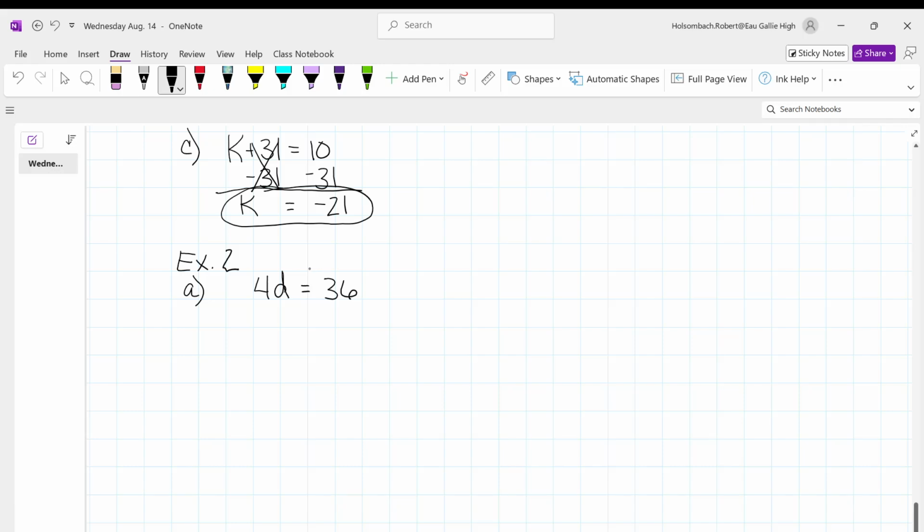All right, so we're trying to get this variable by itself. If the variable is being multiplied by 4, we do the opposite operation. So we divide both sides by 4. When 4d is divided by 4, the 4's cancel, and the d falls down. And then 36 divided by 4, that's 9.